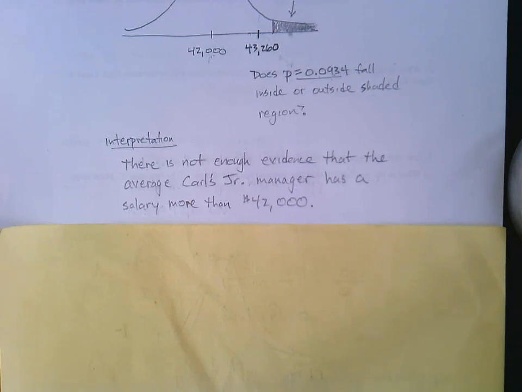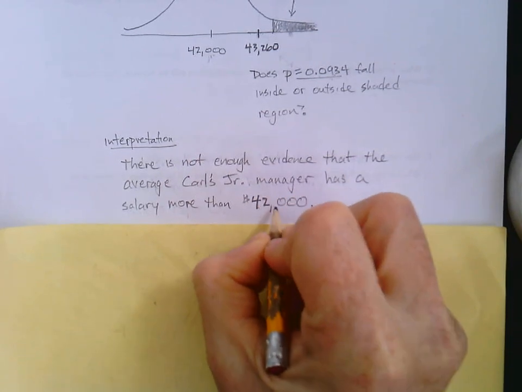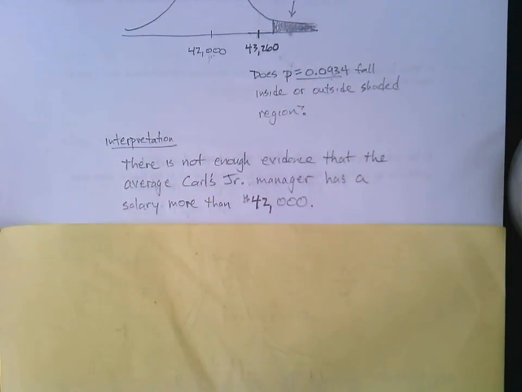Here's how we might say it. There is not enough evidence that the average Carl's Jr. manager has a salary more than $42,000. We cannot say for sure that if we were to look at all of Carl's Jr. managers, they would really have an average more than $42,000.